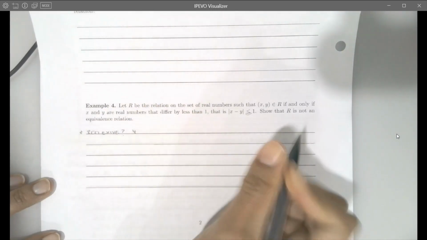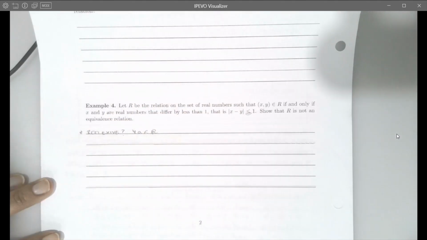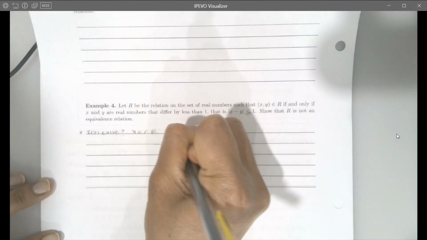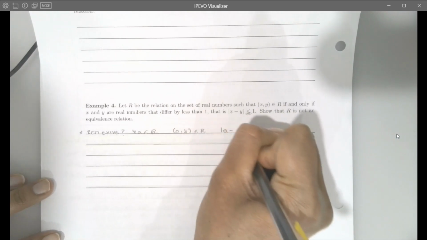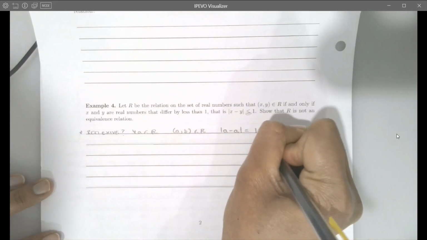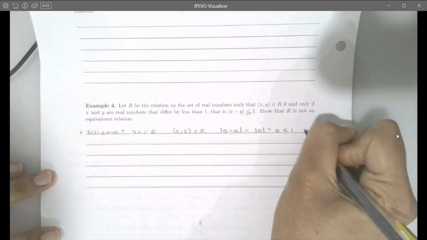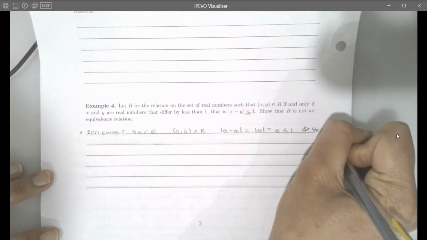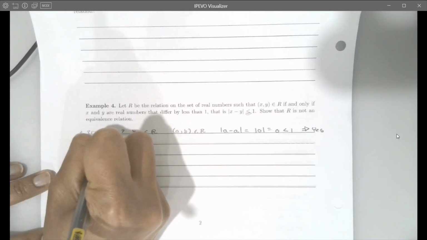For any real number, let's call it A, in R, A comma A is going to be part of R because the absolute value of A minus A is equal to the absolute value of 0, which is 0, and that is less than 1. So it is reflexive. That's not the property that fails. Is it symmetric?